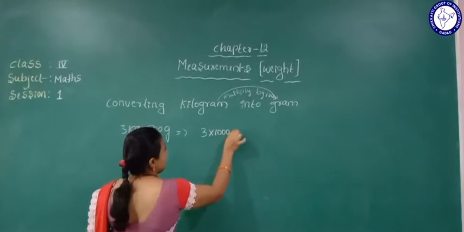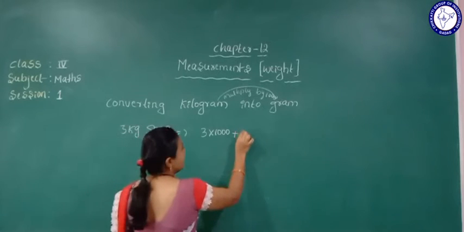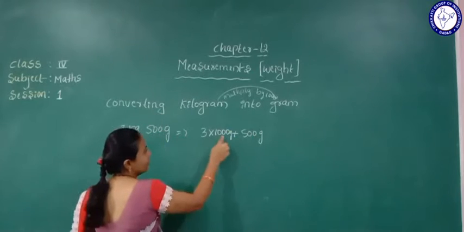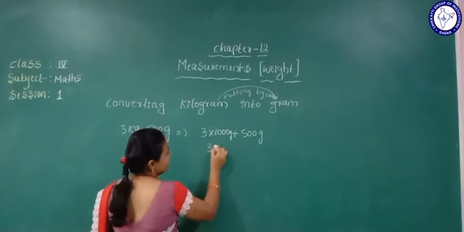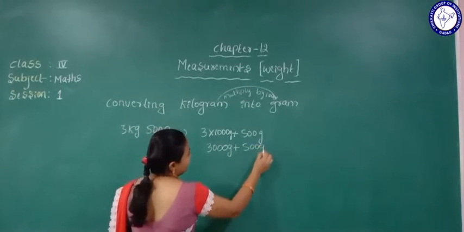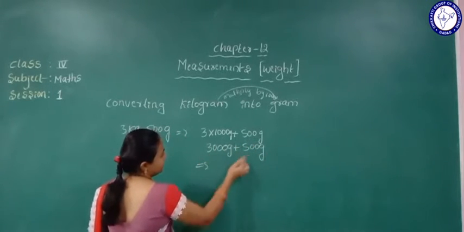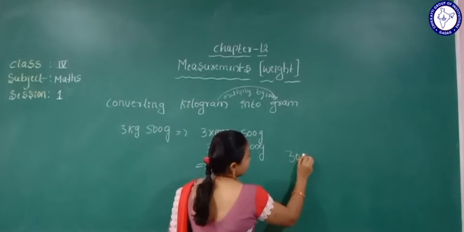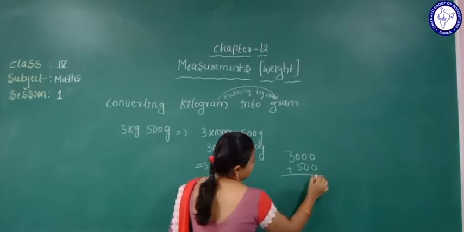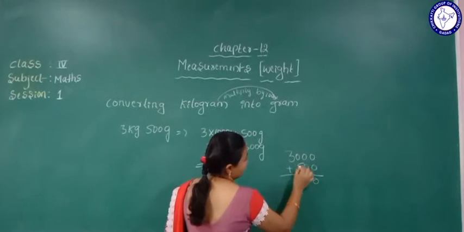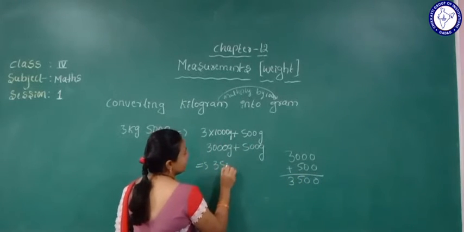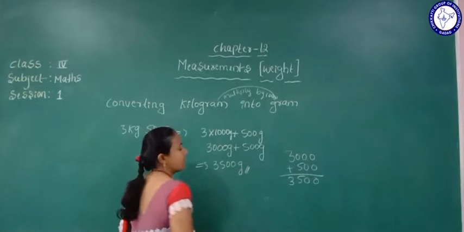3 into how much? 1000, plus how much will we add? 500 gram. So 3 into 1000, 3000 gram plus 500 gram is equal to, add these two: 3000 plus 500, 0, 0, 0 plus 5, 3 as it is. So 3500 gram.